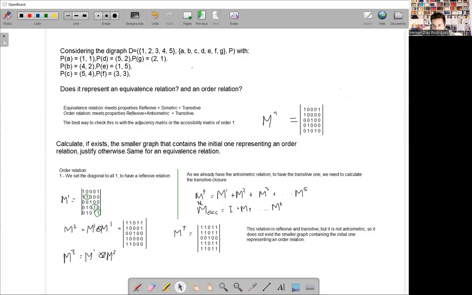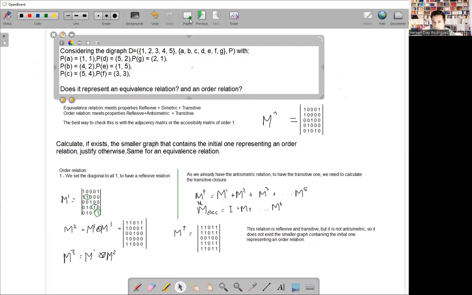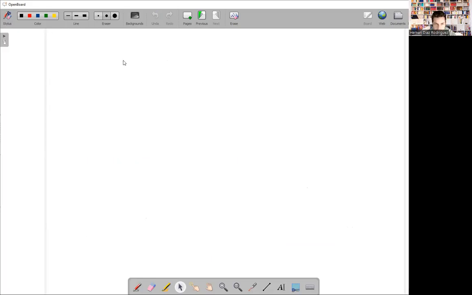It's not possible to calculate it, right? Now for the equivalence relation, we are going to start a new page. We are going to add a new page.